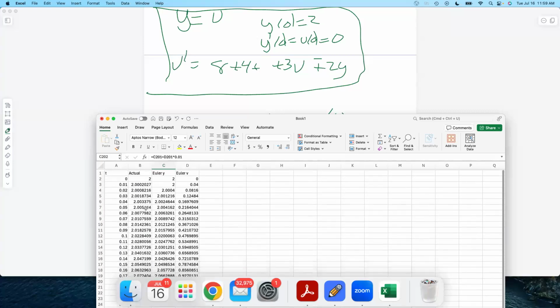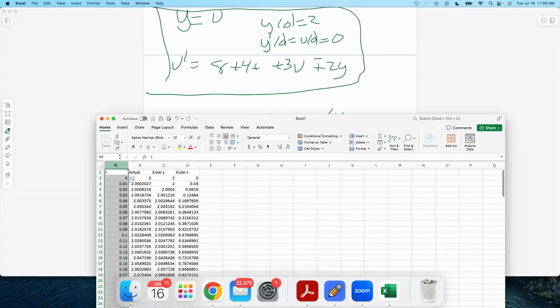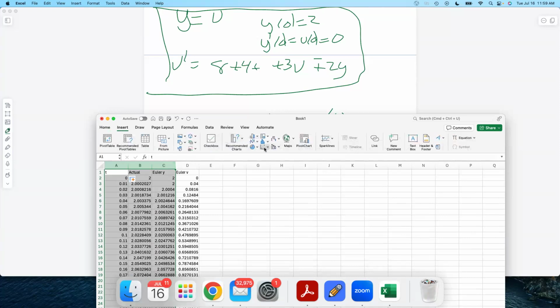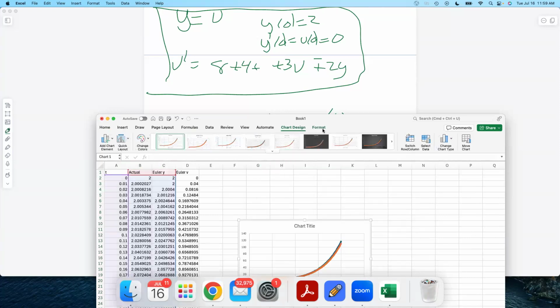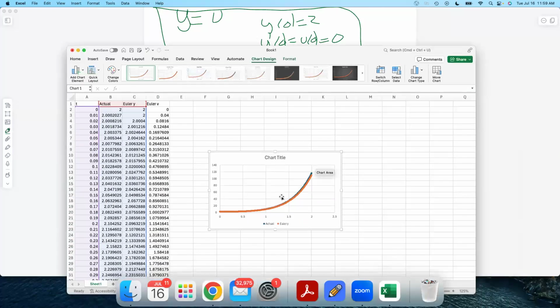If I were to graph, I highlight just these three and hit insert over here, scatter plot. Come on, that's a pretty good graph there. It's not perfect. We're starting to diverge a little bit, but especially near the beginning, we got a pretty good approximation. That's what's going to happen with Euler's if you do everything right.